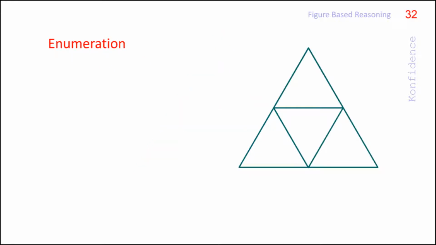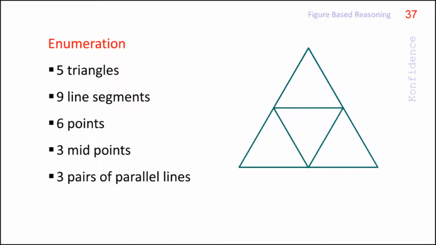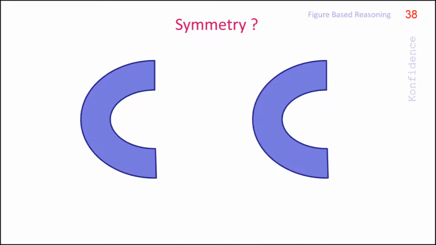You should have seen 5 triangles, 9 line segments, 6 points, 3 midpoints, and 3 pairs of parallel lines. Did you see this much? If yes, you are on track. If not, you should do this exercise more often. The more you do it, the closer you are to the aim.